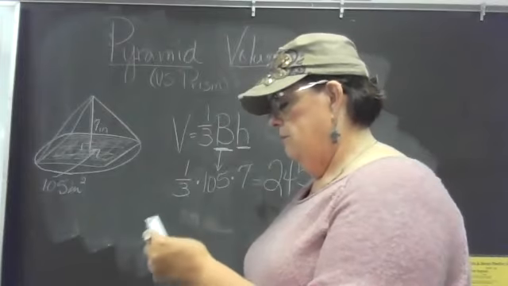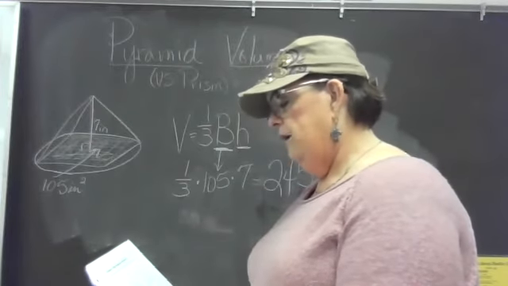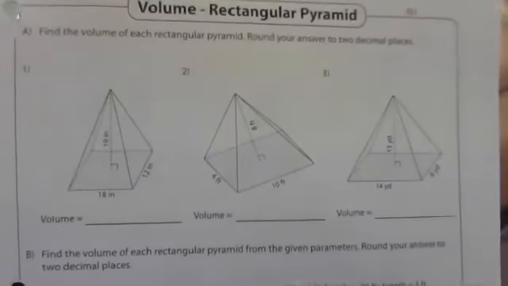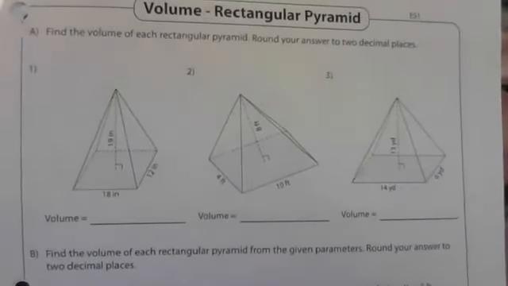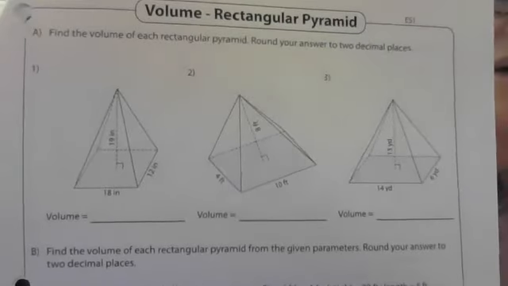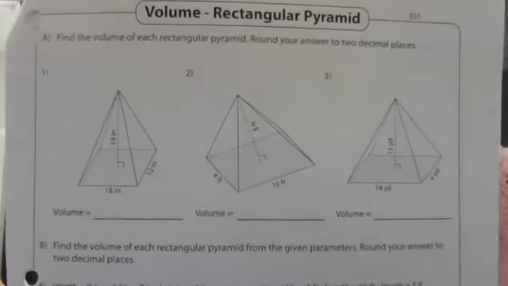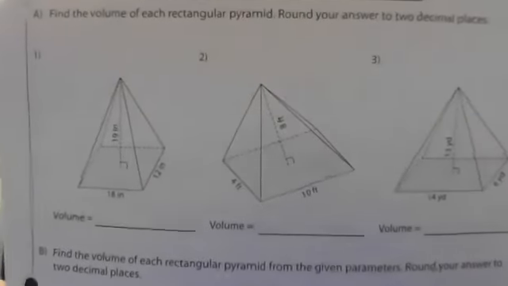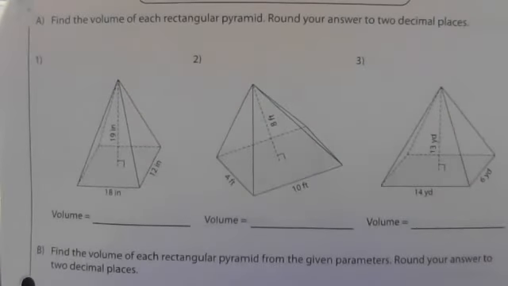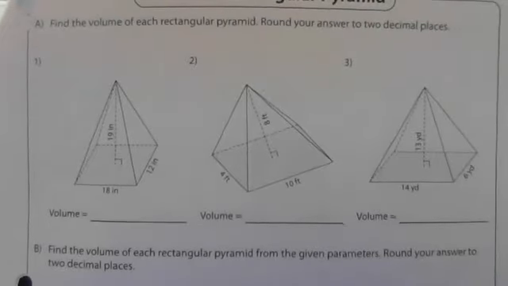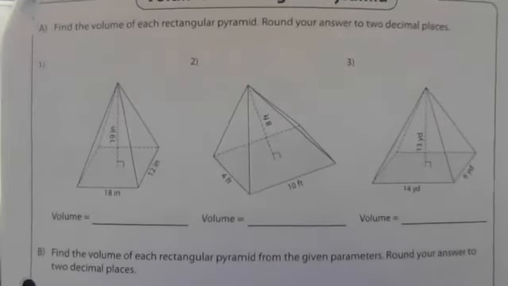Page 3, you have to find the base area yourself this time. And just look at the shape. Looks like the first 3 are rectangular pyramids. Okay. So like on number 1, the base is going to be 18 times 12. That will give you the area of the base, and then times 19 divided by 3.